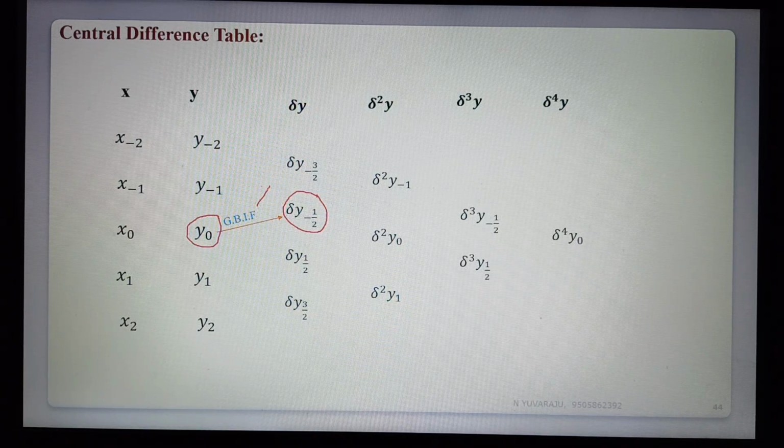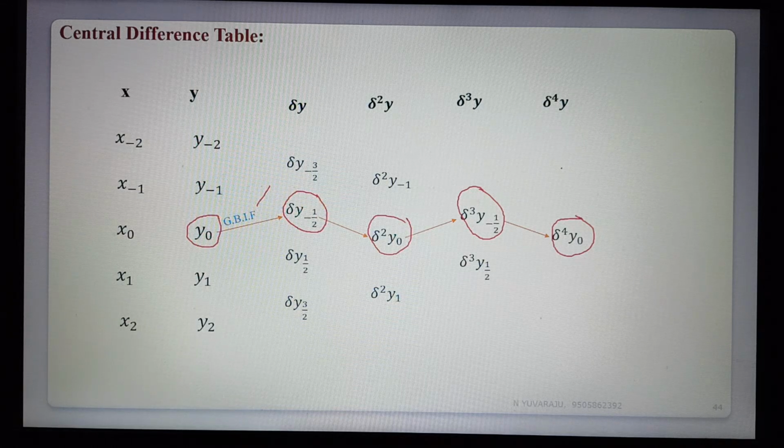Y naught, delta y minus 1 by 2, next delta square y naught, next delta cube y minus 1 by 2, next delta power 4 y naught. These are the backward values, substituted in the formula from the table.